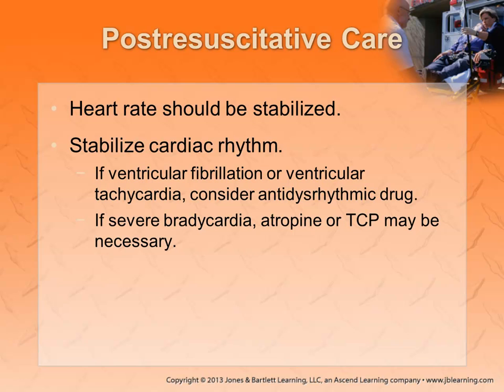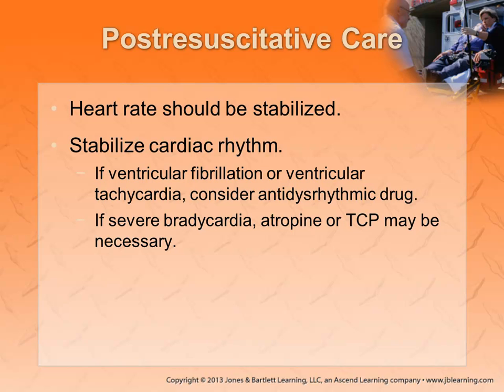If you get spontaneous circulation back, the heart's going to be very weak. So it may be in a bradycardia, it may still need some assistance, some transcutaneous pacing, or it may need atropine or something like that. You just treat it.